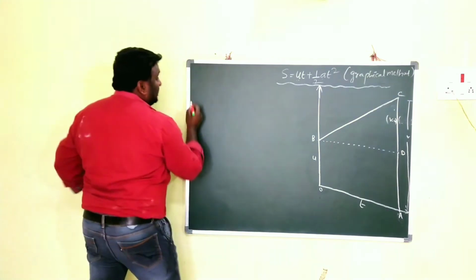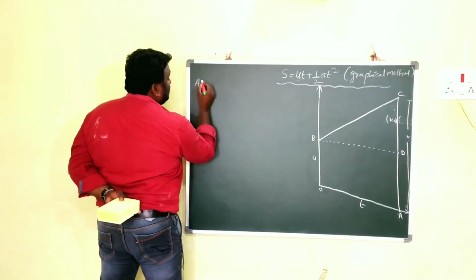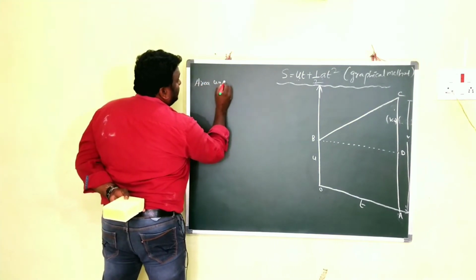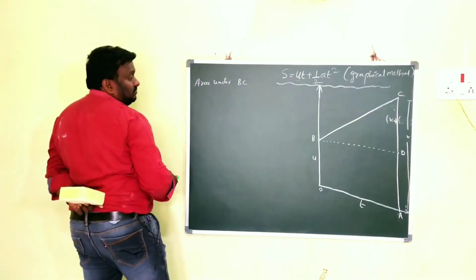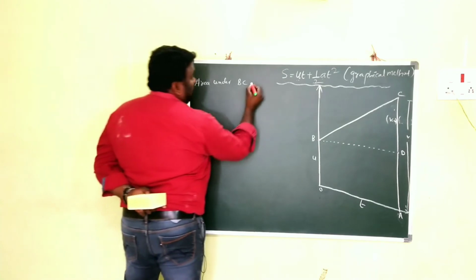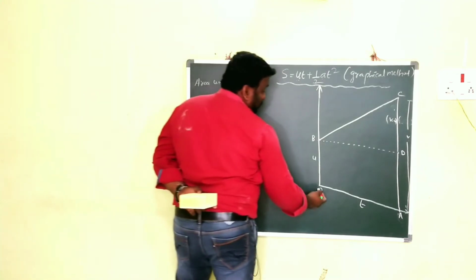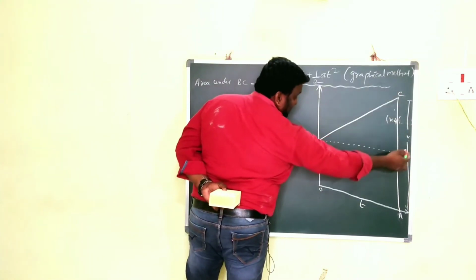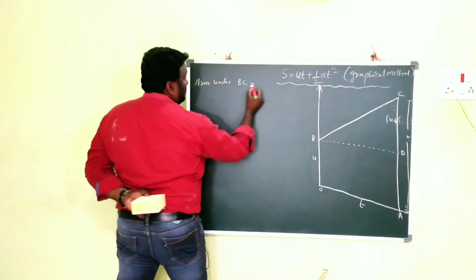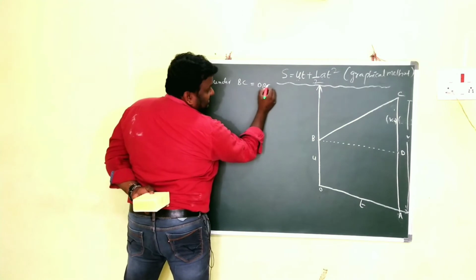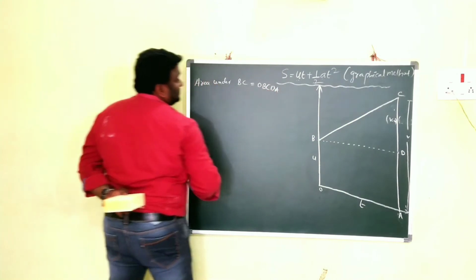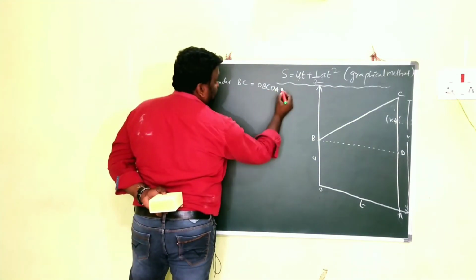So in the figure, the area under BC is O, B, C, D, A. That is the area under the BC.